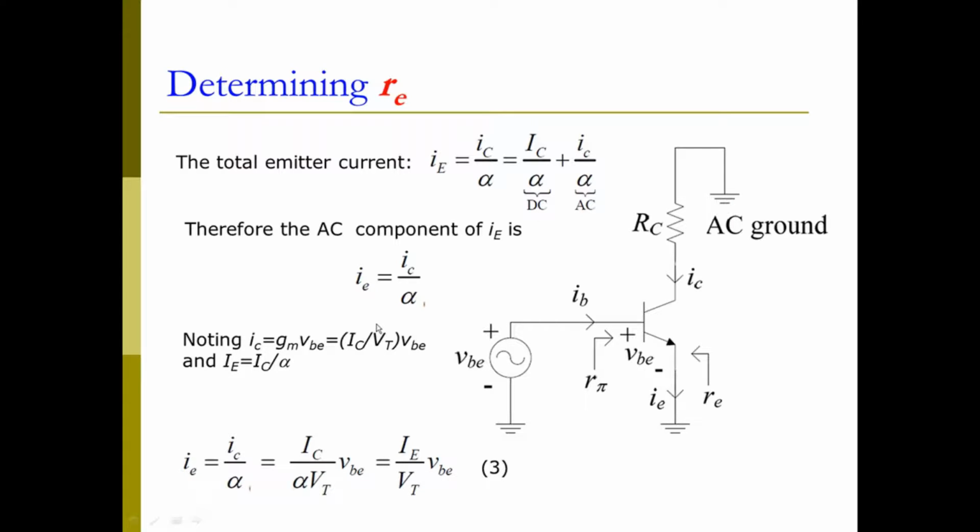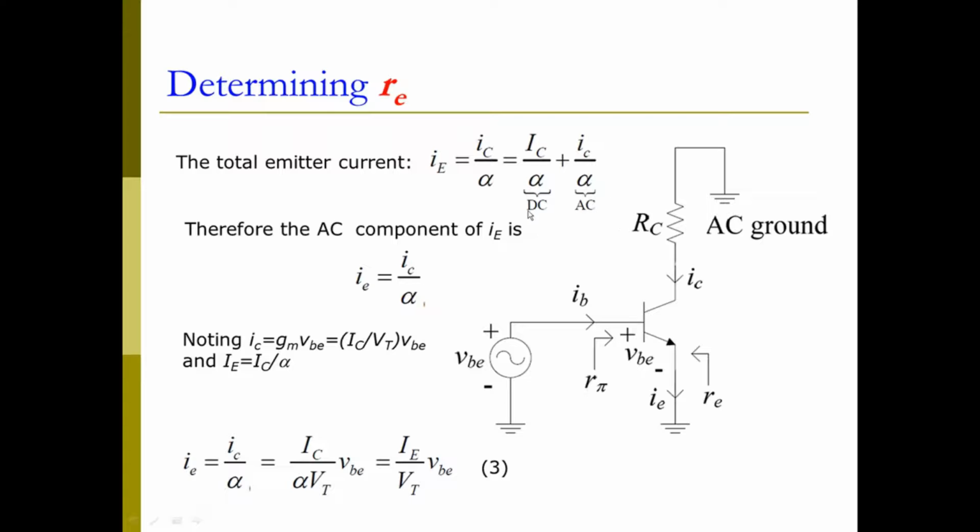Now let's find out how to determine the re value. In order to determine re, we need to figure out how much the emitter current is. We know the total emitter current can be calculated as the total collector current divided by alpha, the equation we obtained before.